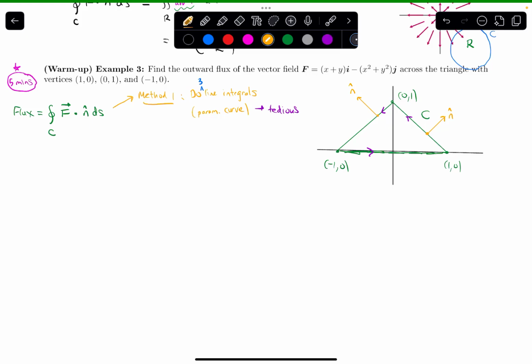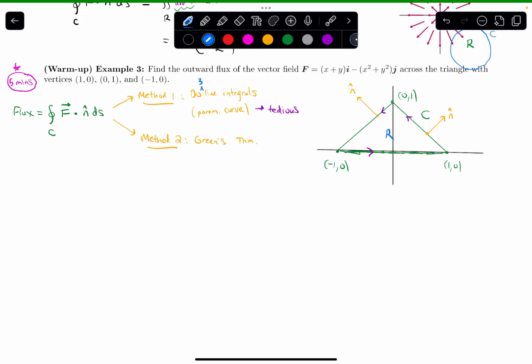So the other way, method 2, is because we're finding flux over a closed curve, I can use Green's theorem. The other thing we should check is the components of the vector field: if I take any of their partial derivatives, are they continuous on the inside region, which I'm going to call R?